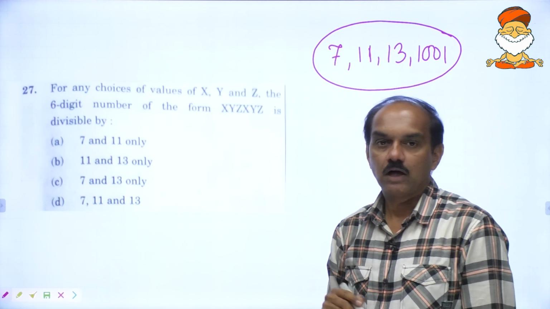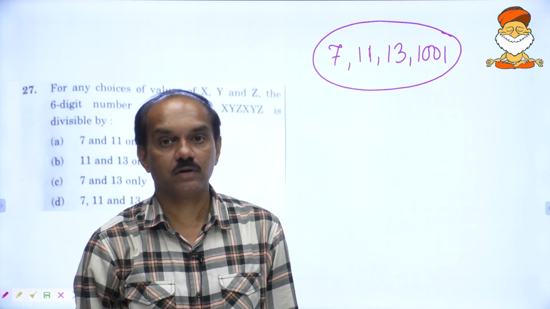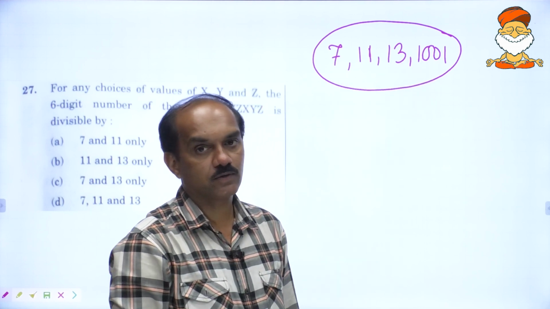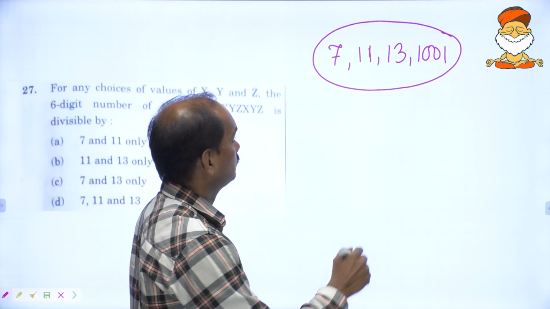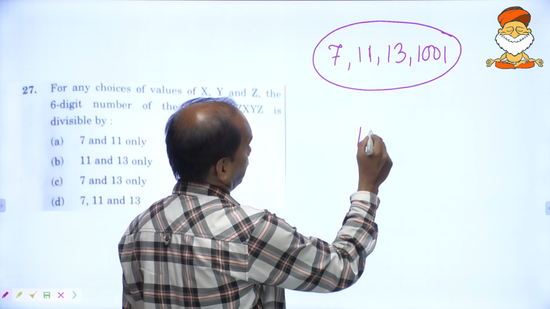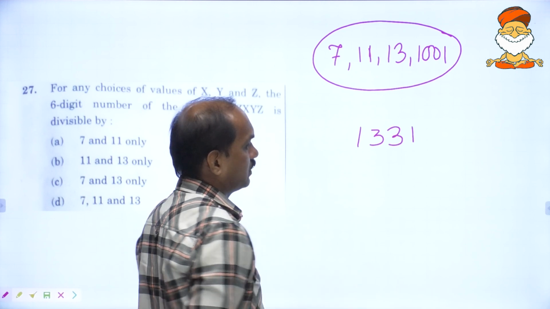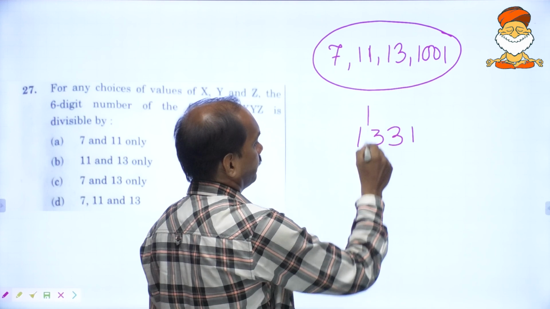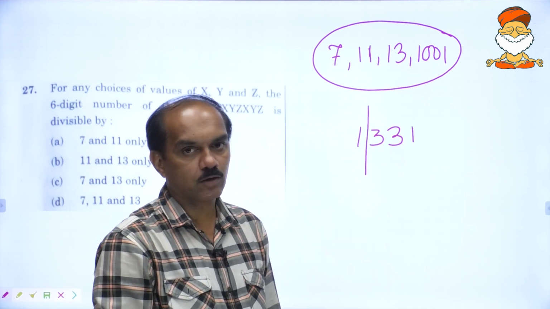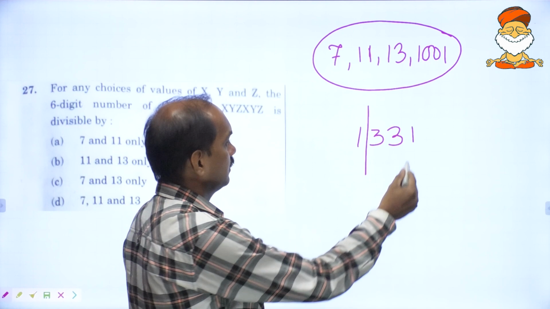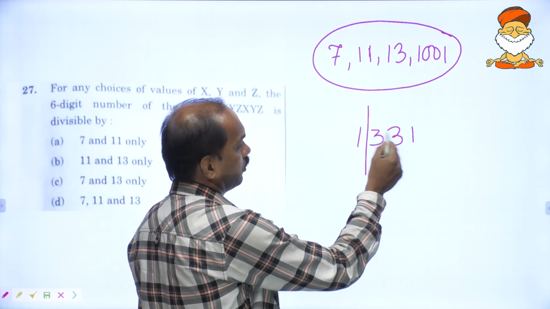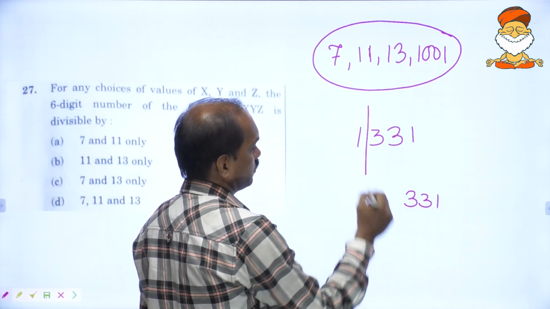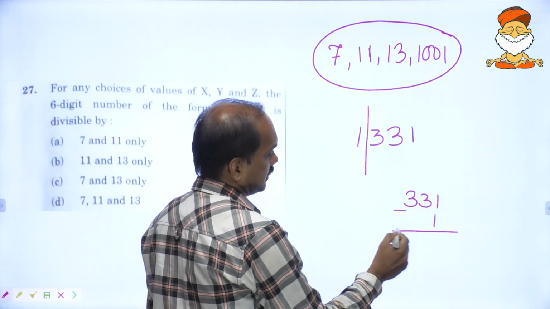How to check the divisibility of a number by these 7, 11, 13 and 1001. If I say 1331, start from the right hand side, make a group of 3 digits. From the right hand side, a group of 3 digits, 331. So one part is 331, the other part is 1. The difference is how much?